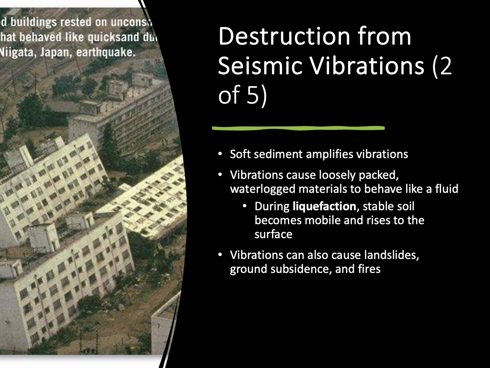So it's actually going to amplify the shaking or vibration within the ground. And it causes massive destruction. So in the image on the left, we can see some apartment buildings in Japan after an earthquake. These apartments were built on top of soft sediment. So when the earth started shaking, the sediment shook so much that the building simply toppled over like dominoes.